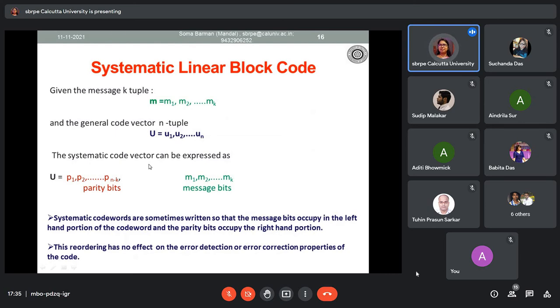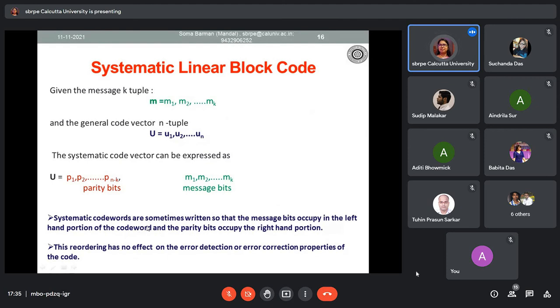Now consider a systematic linear block code where the message vector M contains k bits and the code vector U contains n bits. After coding, systematic code means first is your parity bit and then your message bit.